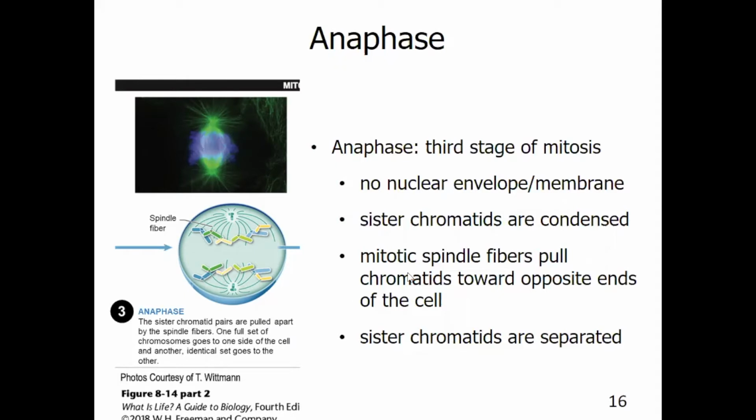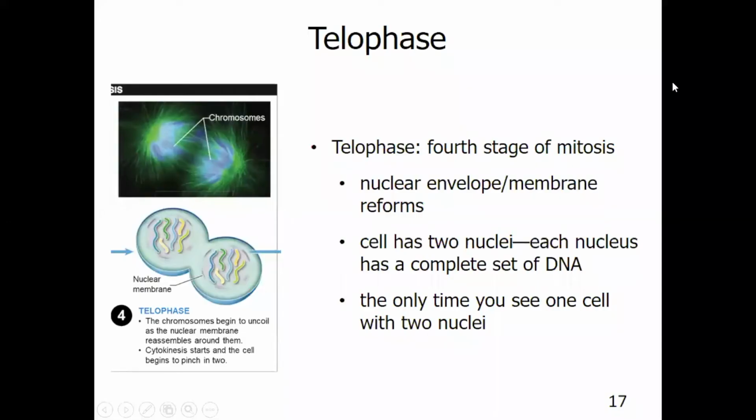In anaphase, we still don't have a nucleus because we still do not have that nuclear envelope or nuclear membrane. The fourth stage of mitosis is called telophase. During telophase, the cell reforms the nucleus by reforming the nuclear membrane or nuclear envelope.